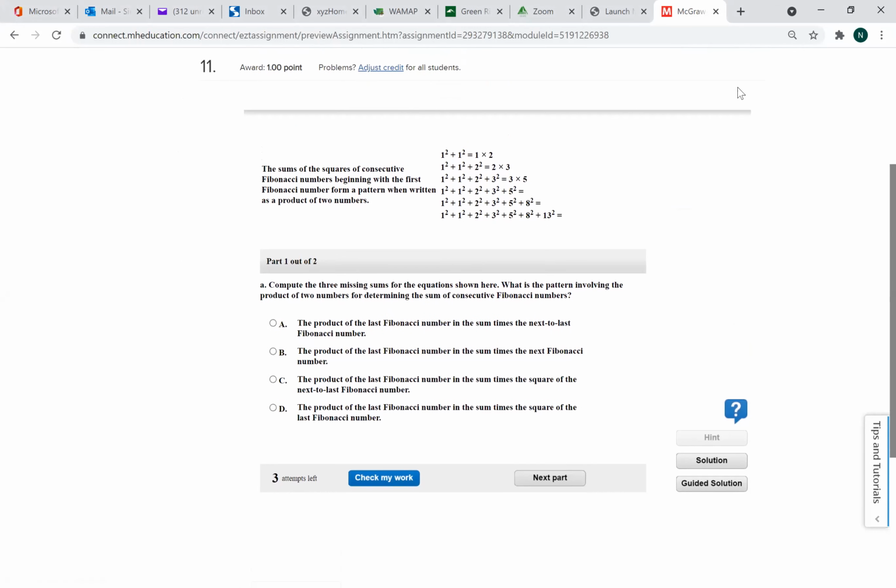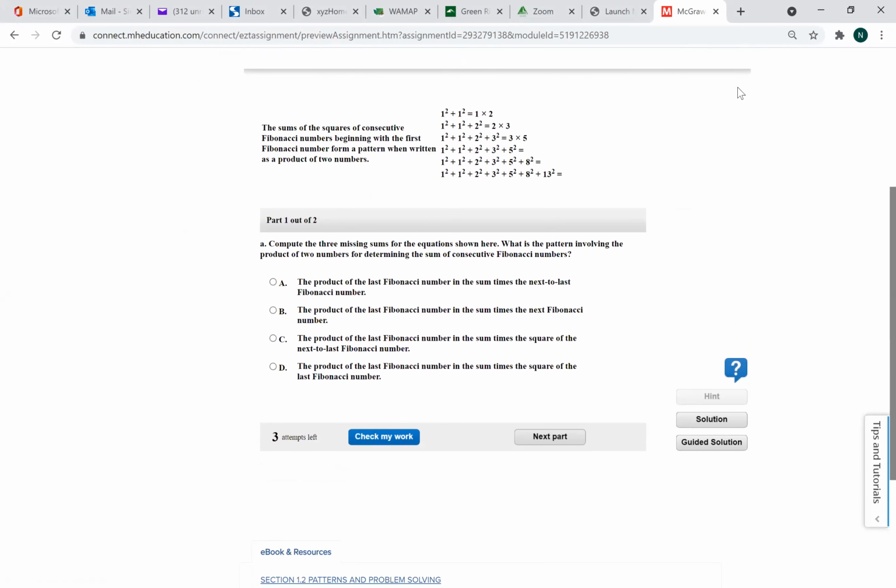This one's dealing with, it's 2 parts. It's dealing with the Fibonacci sequence, okay? So first off, let's talk for a minute about the Fibonacci sequence.